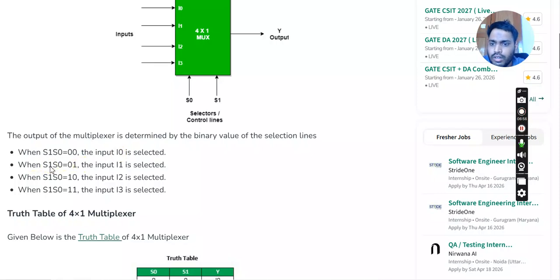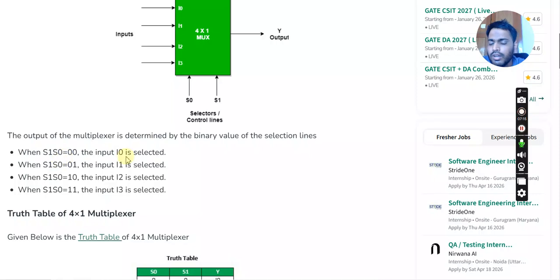When S1 is 0 but S0 is 1, then I1 is selected. When S1 is 1 and S0 is 0, I2 is selected. When S1 and S0 are both 1, I3 is selected.